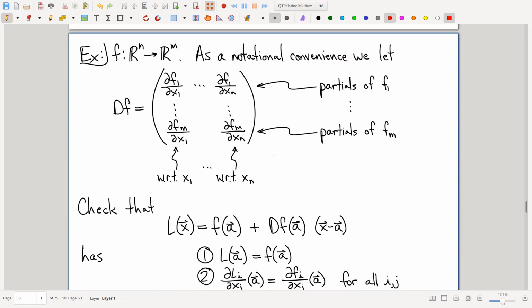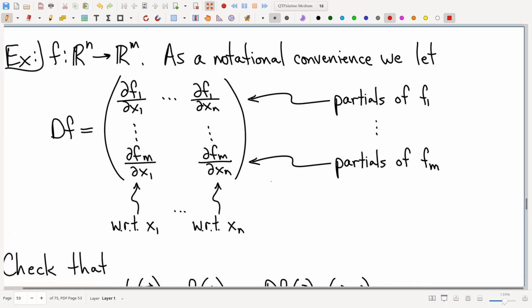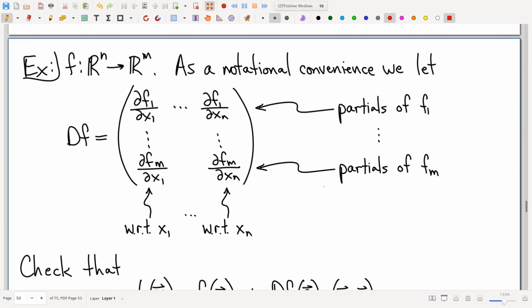I do want to say a couple other things about this matrix. So just kind of heads ups. We already sort of made this first observation. This is literally the gradient if there's only one output variable. But let me say that differently. If I were to just be interested in the component function f1 itself, maybe there are several other variables. But if I just want to talk about f1 itself, this is literally all the partials of f1.